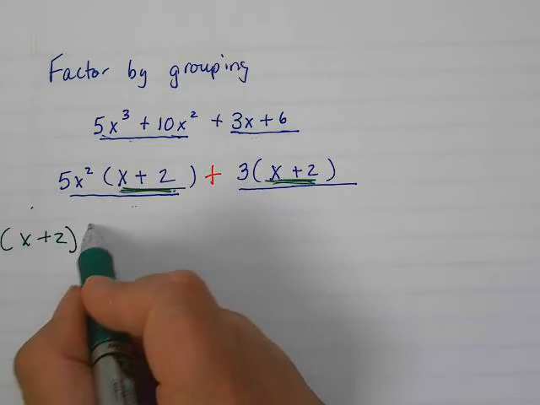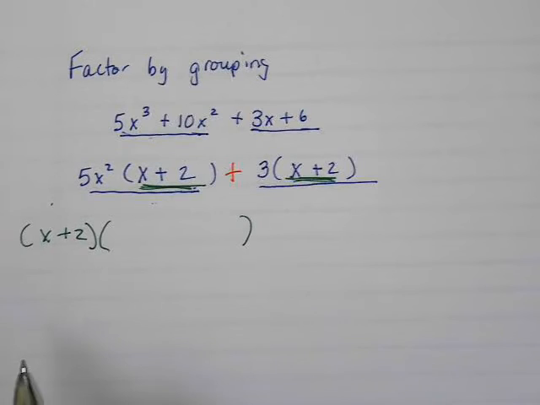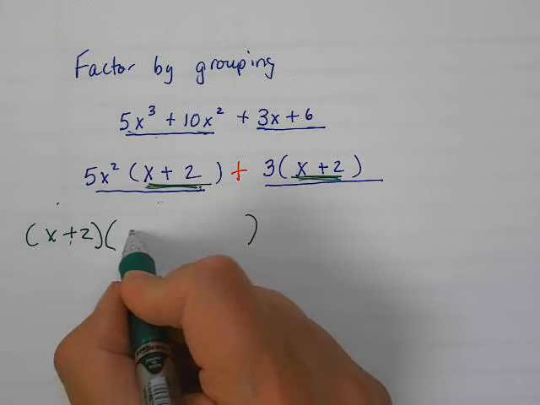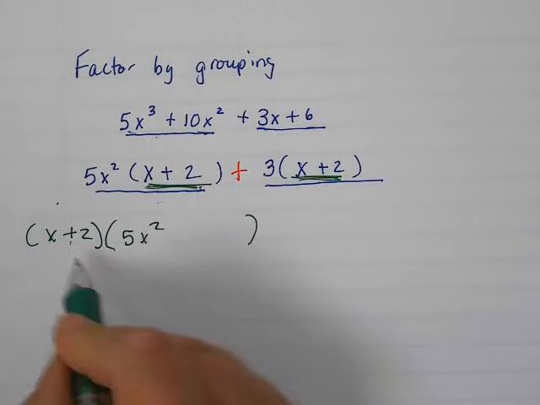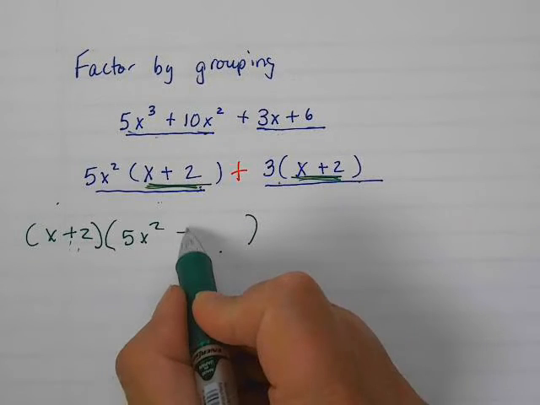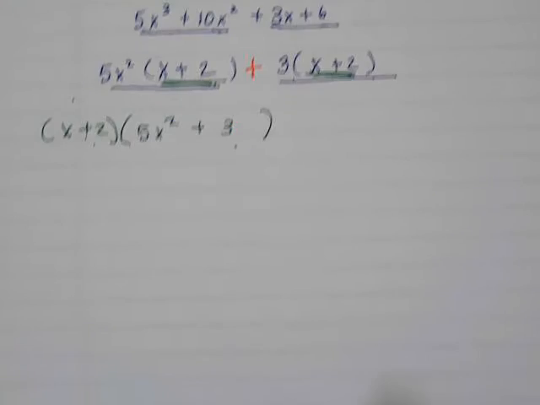Then I'm going to write in parentheses what's left. What do I take times x plus 2 to get this? 5x squared. What do I take times x plus 2? That would give me this, and it would be positive 3. So that's the way we can factor a 4-term polynomial into 2 binomials.